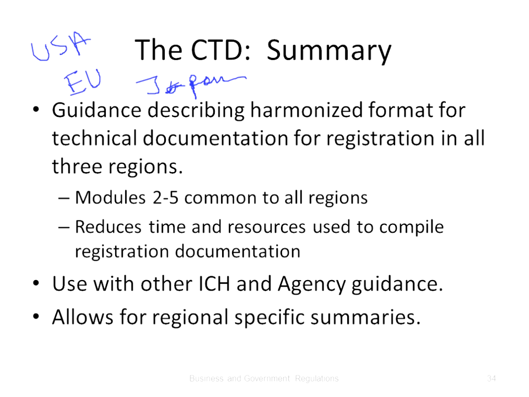So instead of doing 3 submissions, you're doing 1. You're preparing 1 document. You're doing 3 submissions, but you're preparing 1 document. You can use with other ICH guidance, and allows for regional specific summaries. So this is the nice thing about CTDs, right?